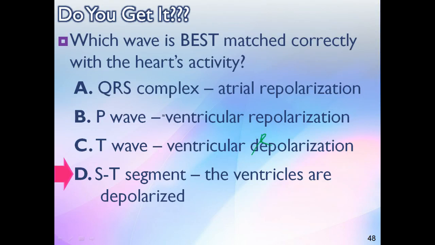The P wave is atrial depolarization. Now, technically, atrial repolarization is hidden, but it accounts for only a very small aspect of the QRS answer, and that's why this best option was the key.